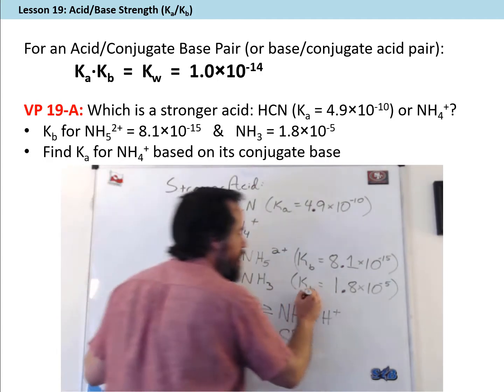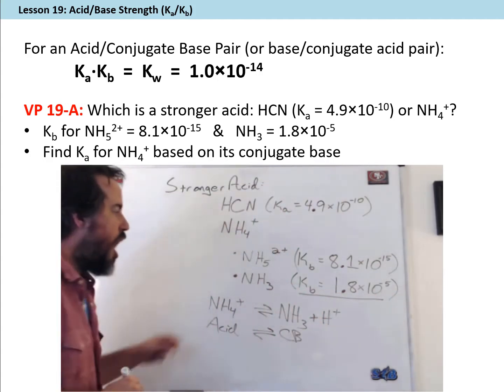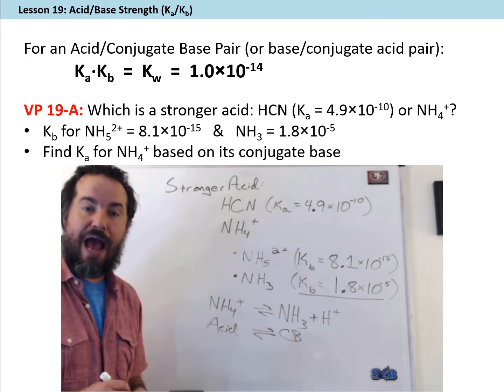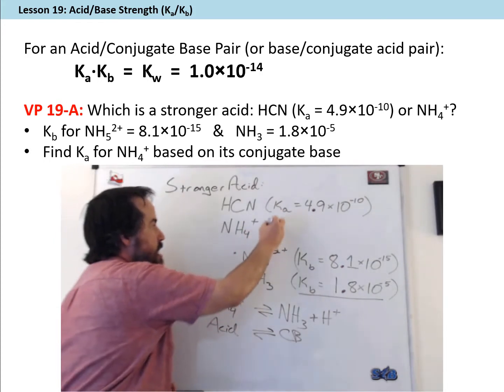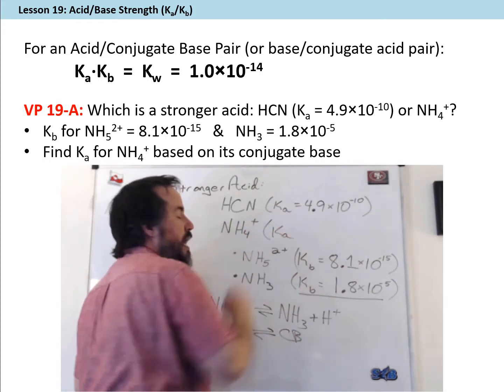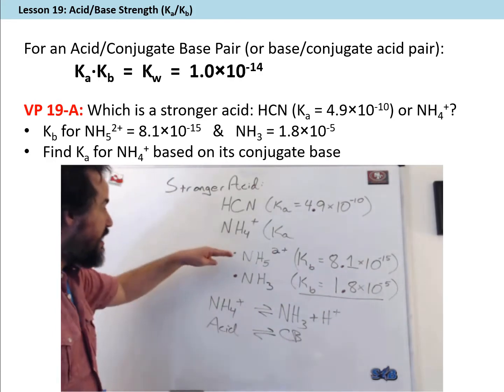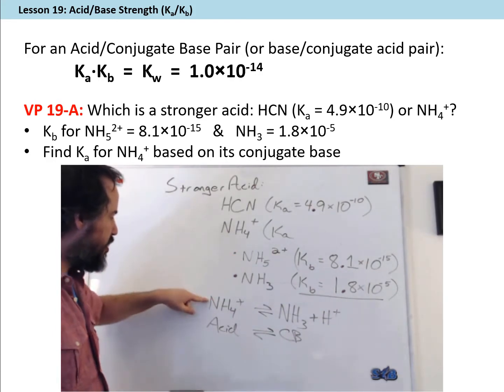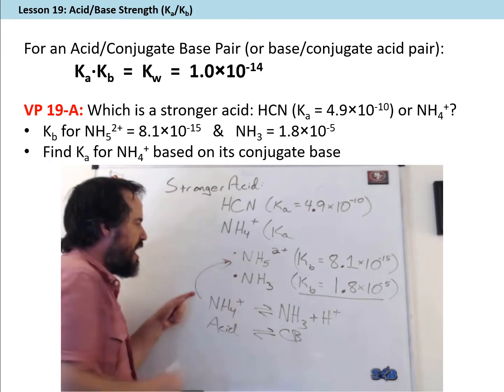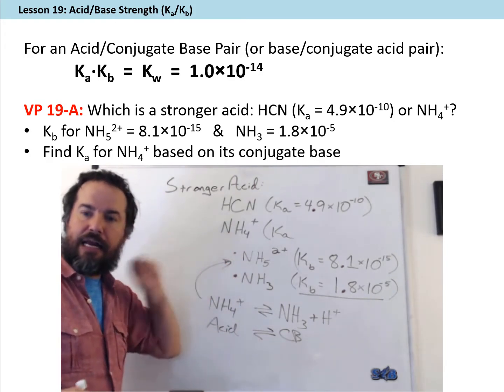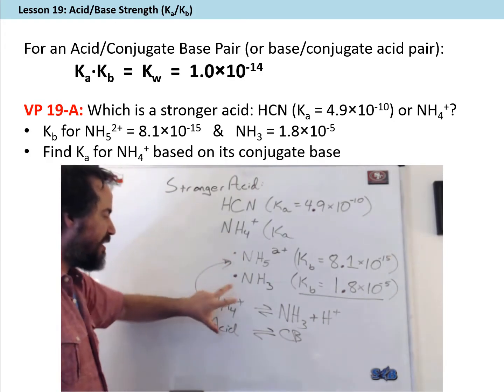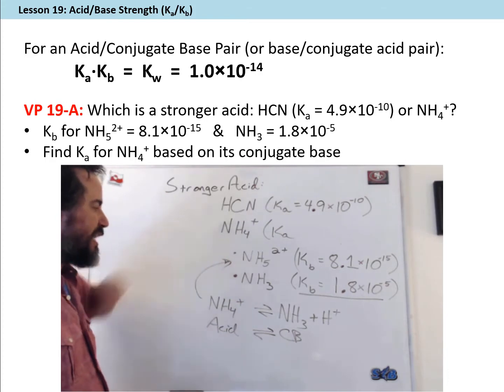I'm going to use this value in order to figure out my Ka for NH4 plus. Notice to go from here to here, it'd have to add an H plus.